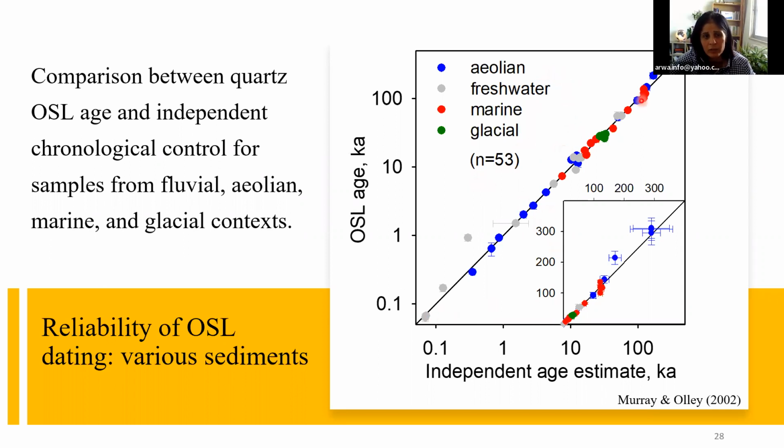The line crossing these samples is the 1-to-1 line between OSL ages and independent age control, estimated in kiloyears. As you can see, there is great agreement between the OSL ages and the independent age control, except for a few samples that are above the line.